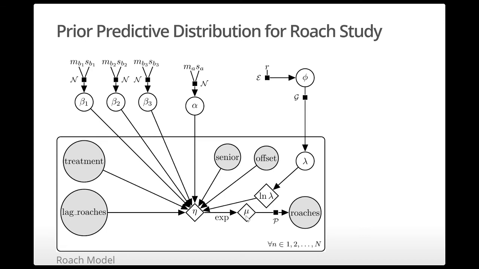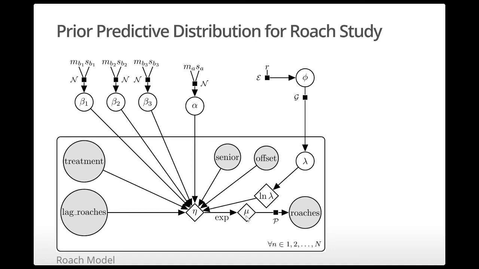So we drew phi from an exponential distribution. For each observation, we draw lambda from the gamma distribution that has both shape and rate equal to phi. Then we take the logarithm of lambda, and that goes into eta as well. And then we exp eta to get mu, so you can also think of mu as being scaled up by lambda.